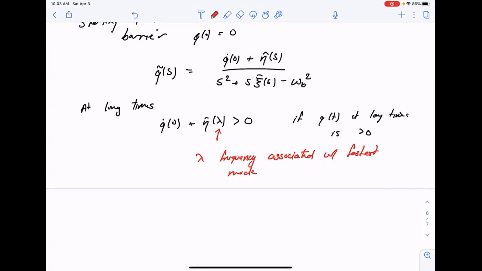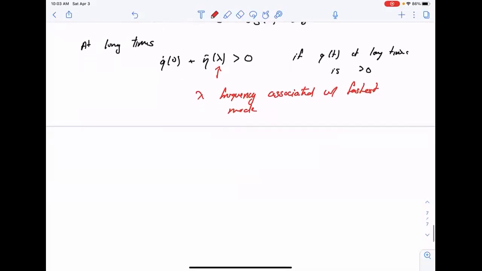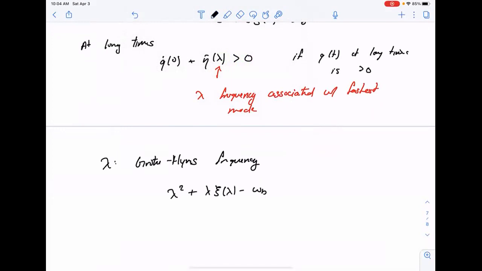So this frequency, often referred to as the Grote-Hynes frequency, is given by the solution of the equation lambda star plus lambda eta of lambda minus omega b squared.